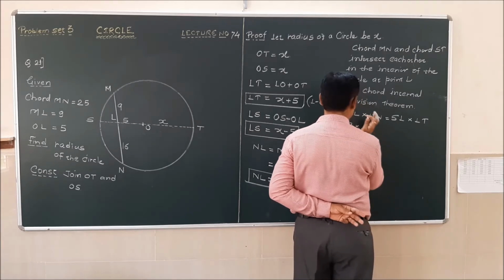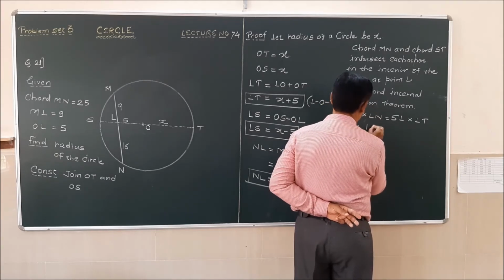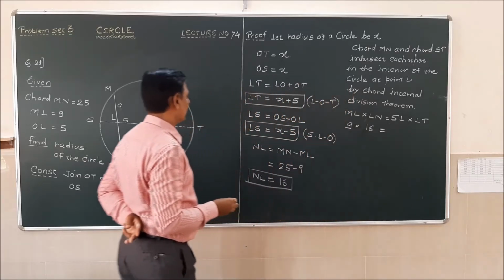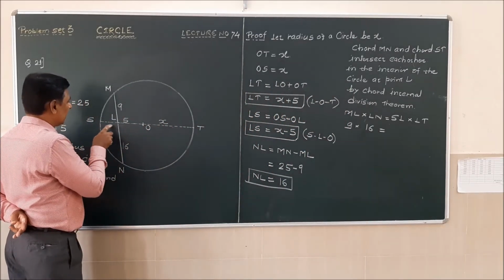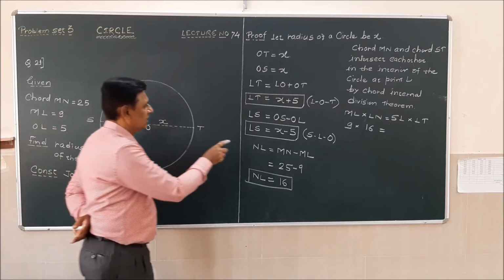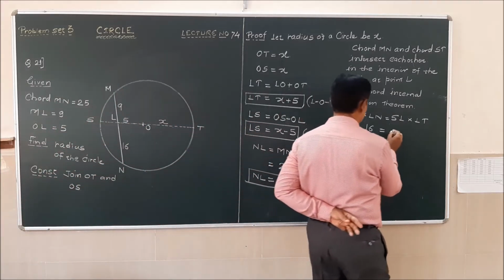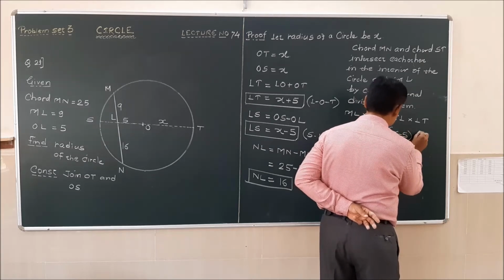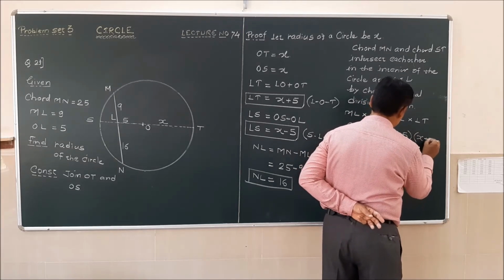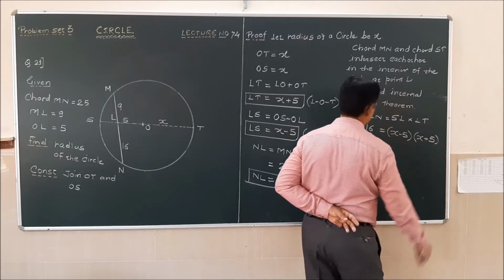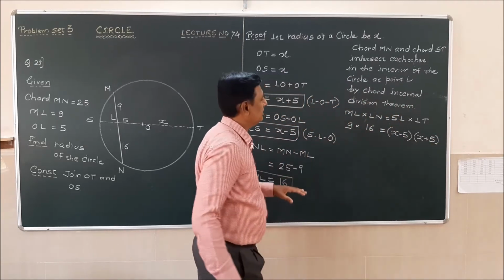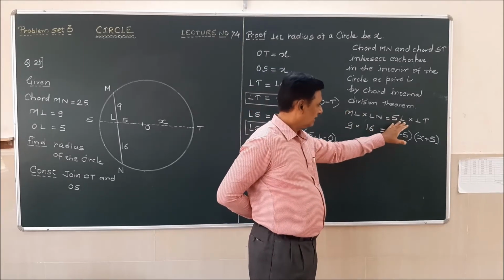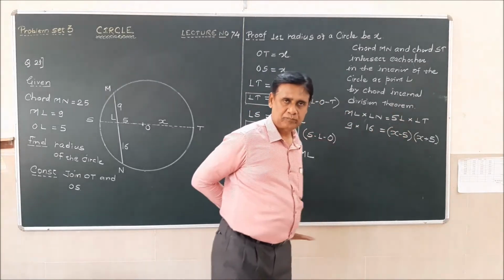So 9 into 16 is equal to SL. SL is how much? x minus 5. So writing x minus 5 into LT, which is x plus 5. I simply substitute the values of ML, LN as well as SL and LT.